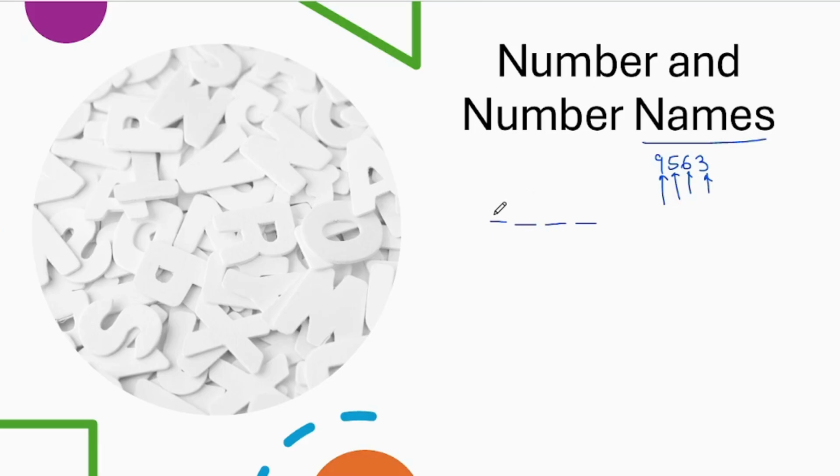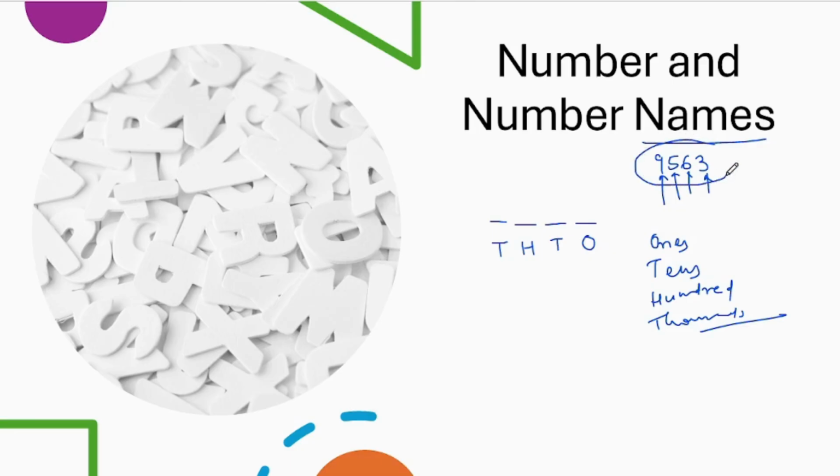That is called number names. For example, let's start from the right hand side. It starts with ones, then tens, next is hundreds, and next to that is thousands.